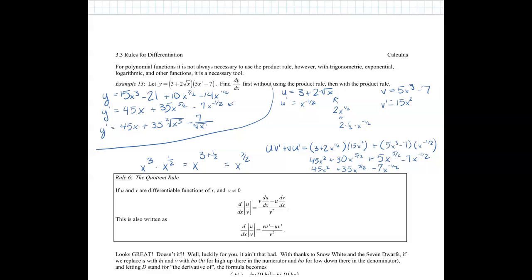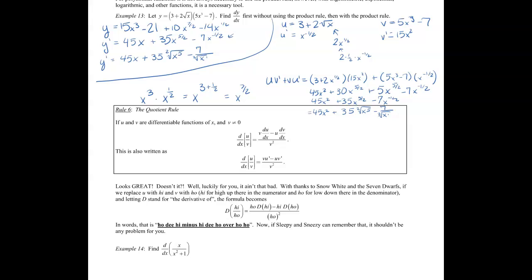And again, if I started with square roots, I should probably end with square roots. So I should get 45x squared plus 35x, inner would be 5, outer would be squared, minus 7 over inner for outer, and then I would be done.